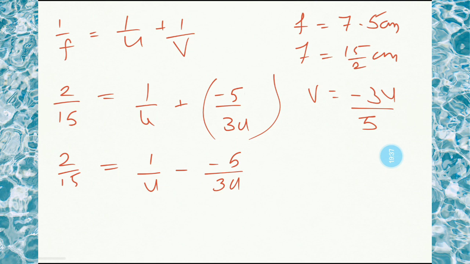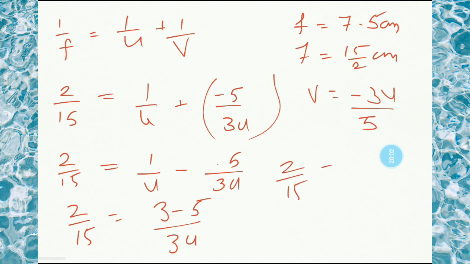Here the LCM is going to be 3. So 2 by 15 is equal to minus into minus, again, no need to write it. Just find out the LCM, it is 3, I told you. So 3 minus 5 by 3u. This is what it is going to be, right?